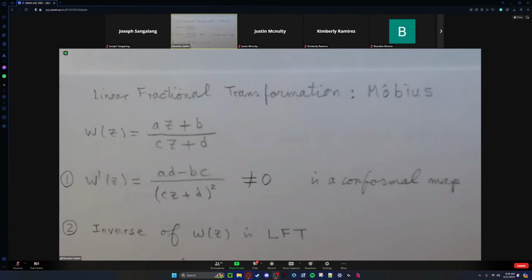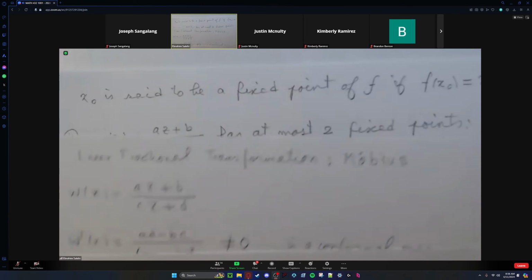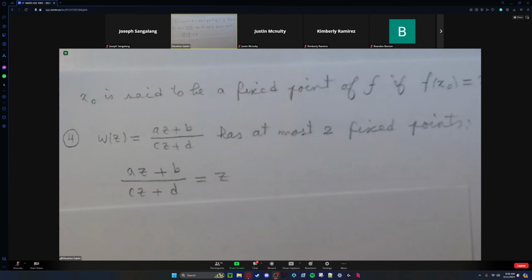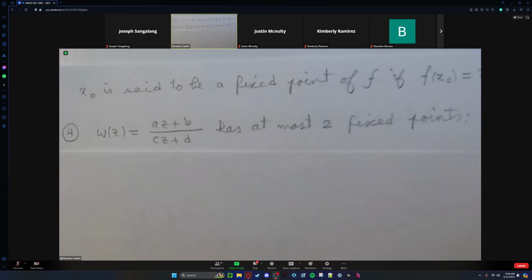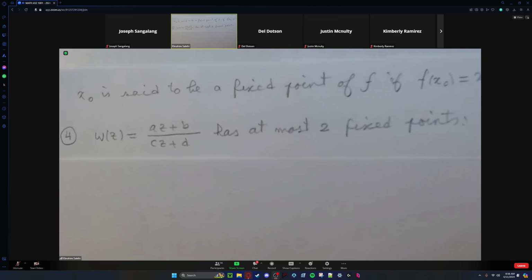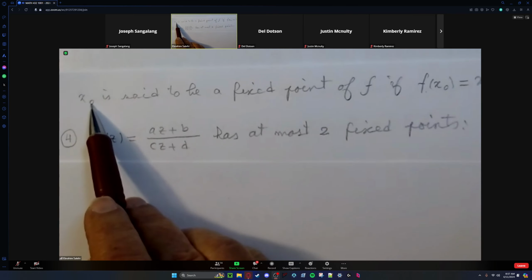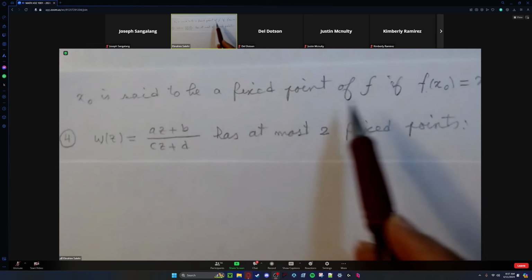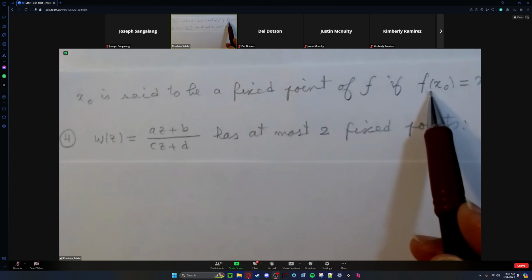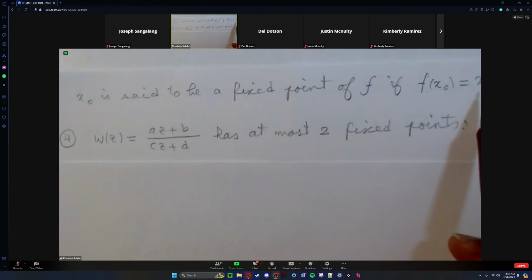Here comes observation number 4. In observation number 4, there is a concept called fixed point. Fixed point of a function. The definition is pretty obvious. We say x0 is a fixed point if you plug x0 in, and the result also is x0.